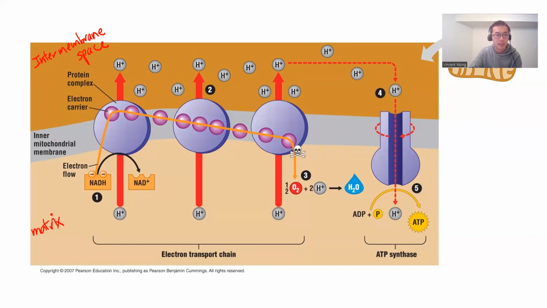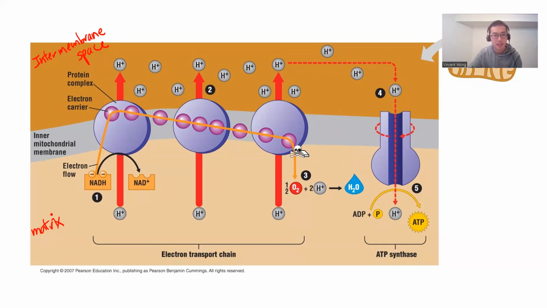And it says inner mitochondrial membrane, but we know it forms the cristae, right? The foldings. So NADH is going to drop off the electron, which is going to be passed down. Okay, never mind the skeleton here for now. We'll talk about later.